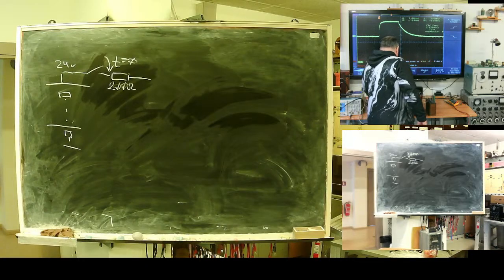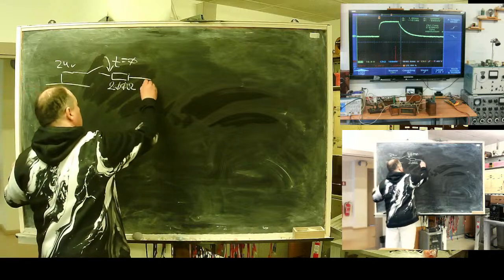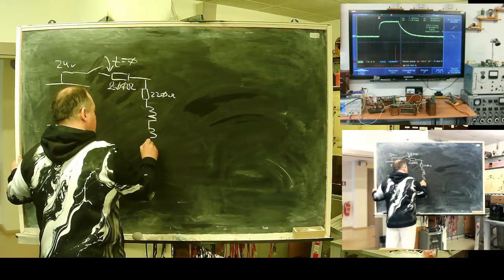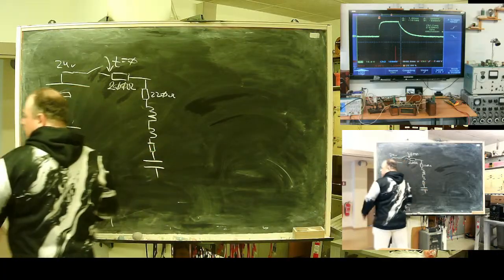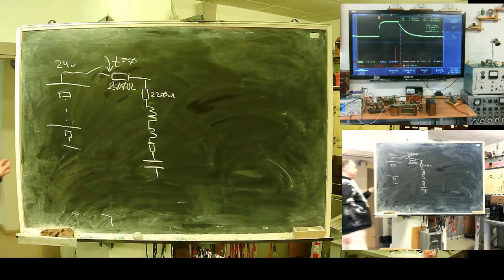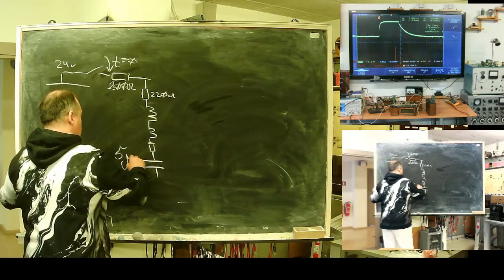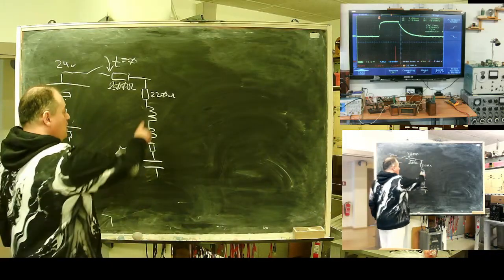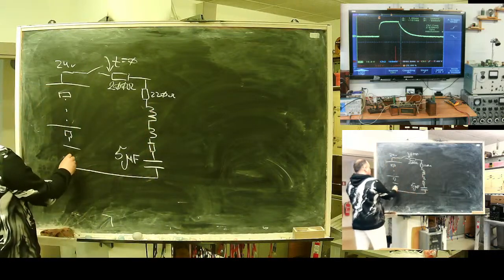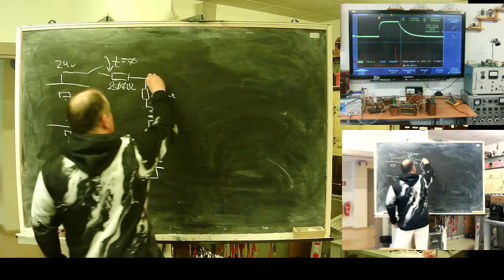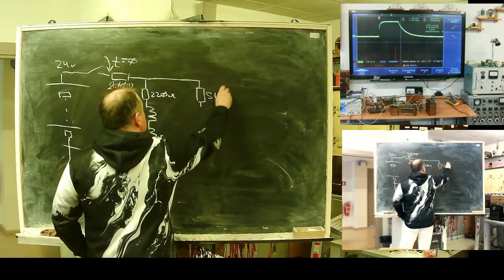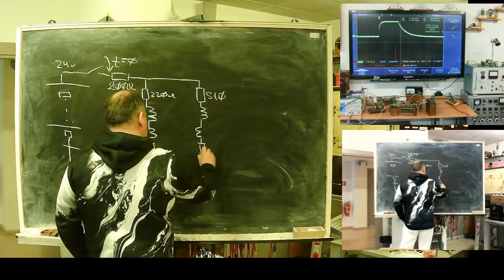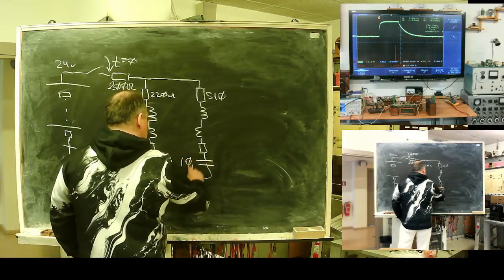Branch 1: 220 ohms and a capacitor of 5 microfarads. Second one: 510 ohms, then microfarads.